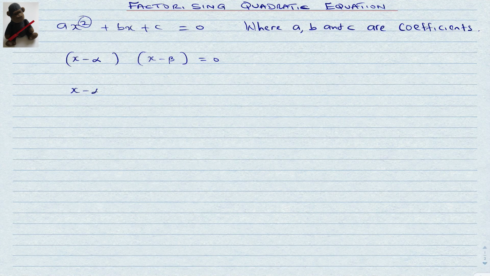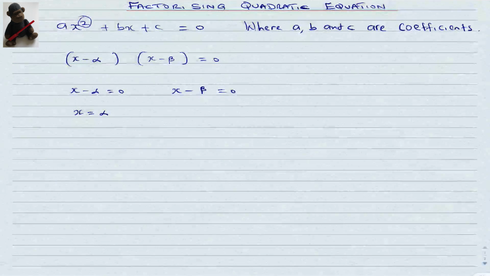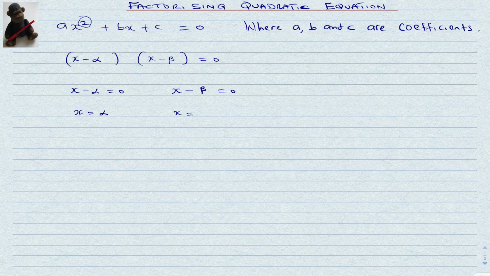X minus alpha equal to 0, therefore x equals alpha. X minus beta equal to 0, therefore x equals beta. So these are the roots of quadratic equations. The roots are the point where it crosses the x-axis.